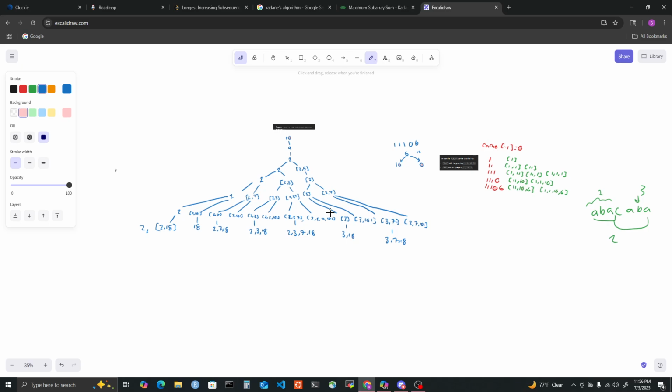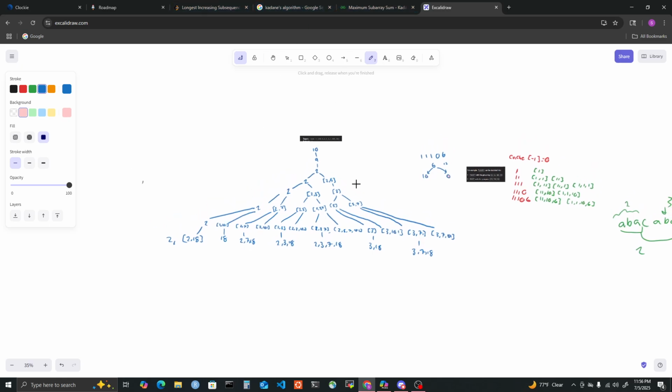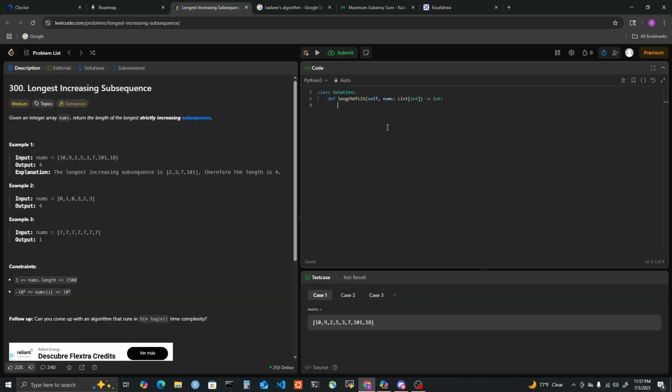Alright, sorry. Just thinking about my decision tree here. Okay, we're going to do a take and skip operation. We're going to do a bottom up DP approach. I'll try it at least. We'll see.